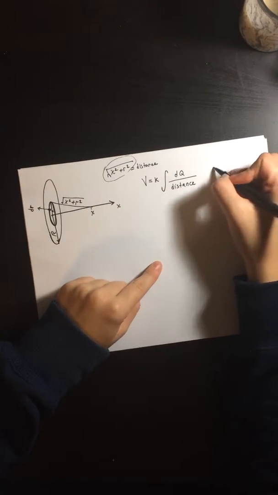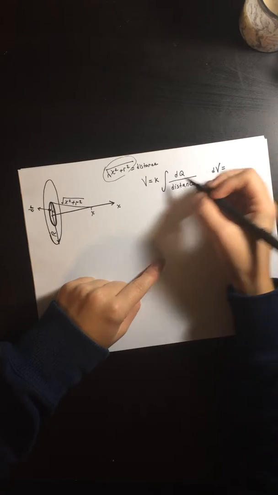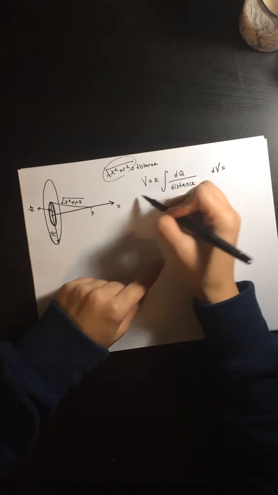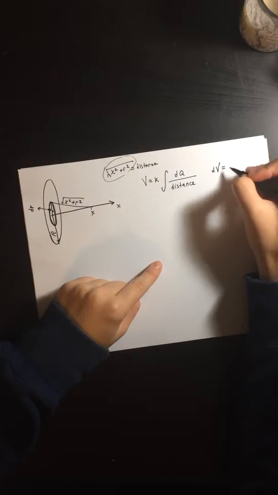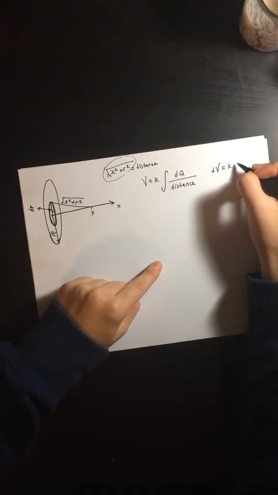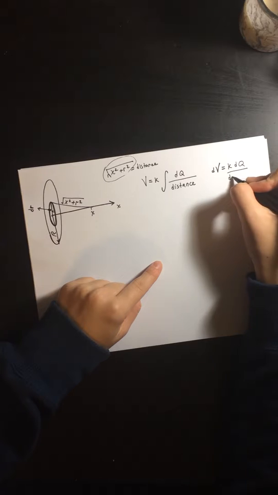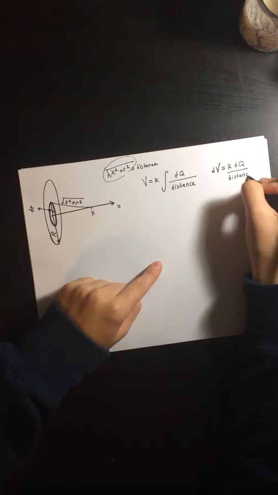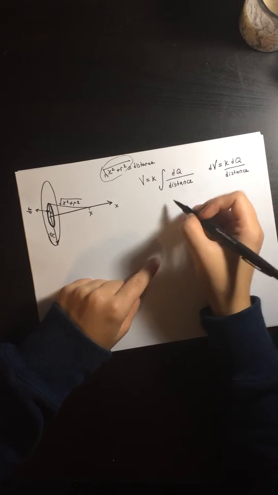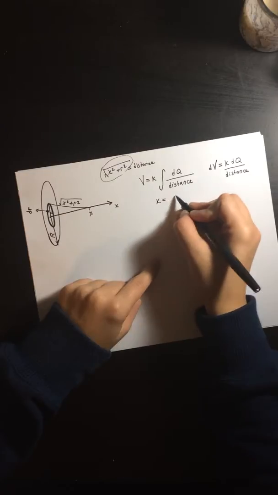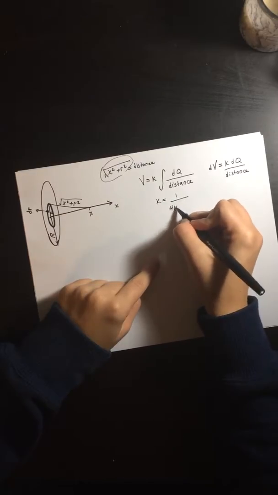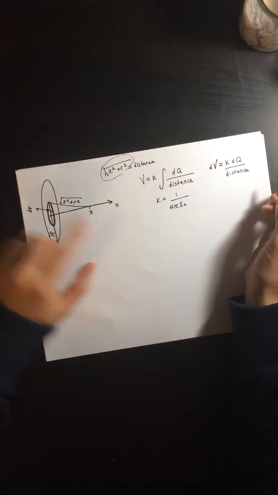And then we know that dV is going to be just the derivative of this side. You have to take the derivative of both sides if you're going to do that. So we have dV is equal to k times dq over this distance, and that's going to be how we find dV, and then k is equal to 1 over 4 pi e naught.